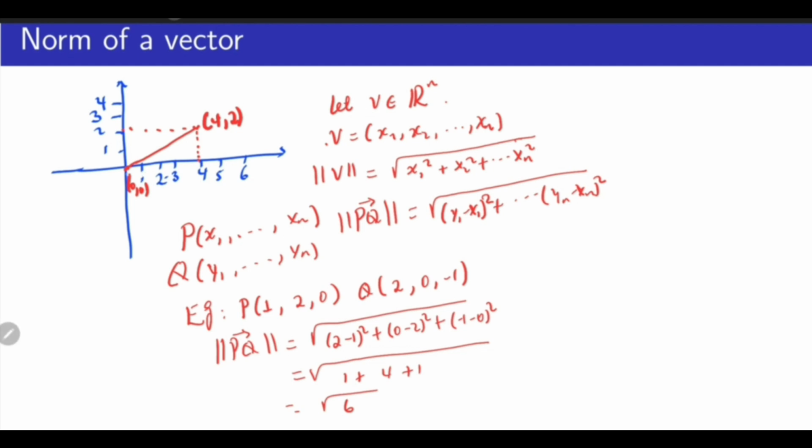For instance, if you look at the points in 2D, let's see the point, we have point P and we have another point Q. We can draw a line parallel to the x-axis and a line parallel to the y-axis, so they make a right angle triangle. So the norm is this one, which is the hypotenuse of a right angle triangle.